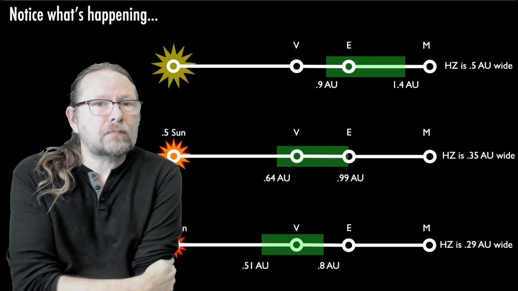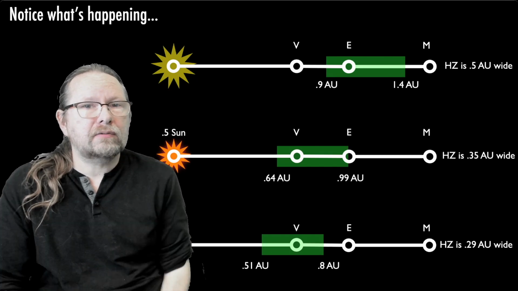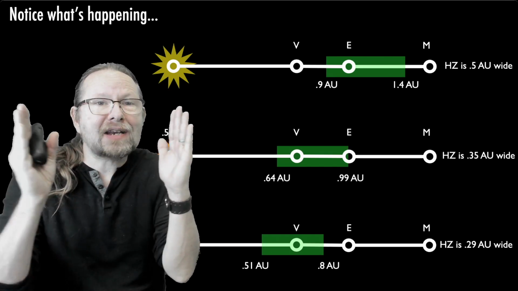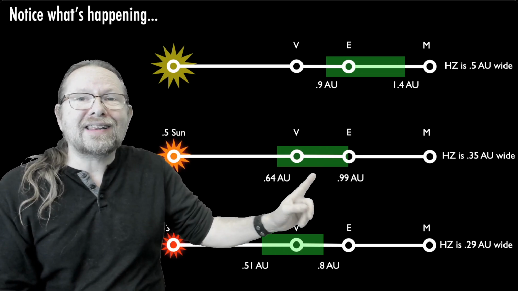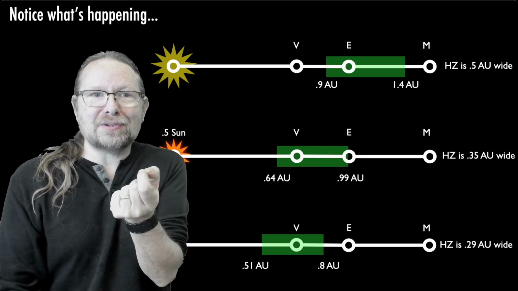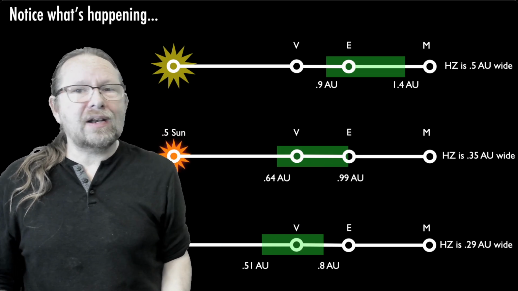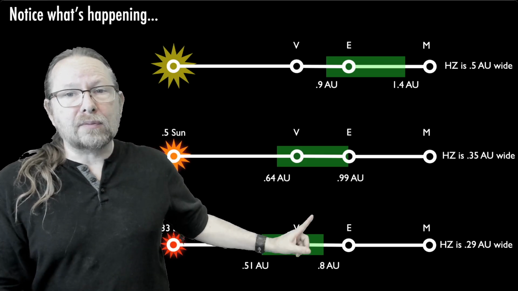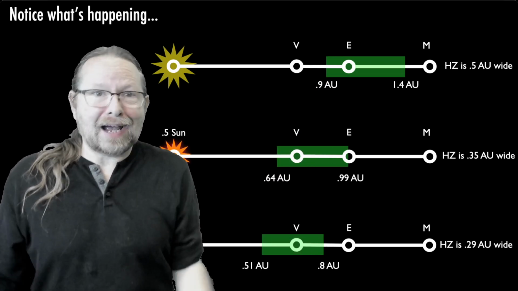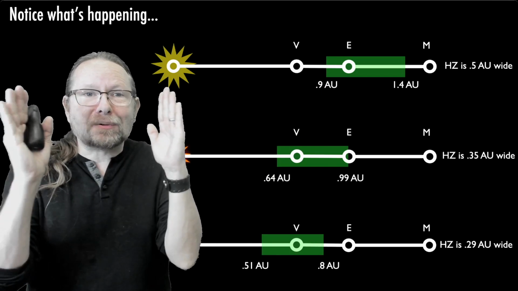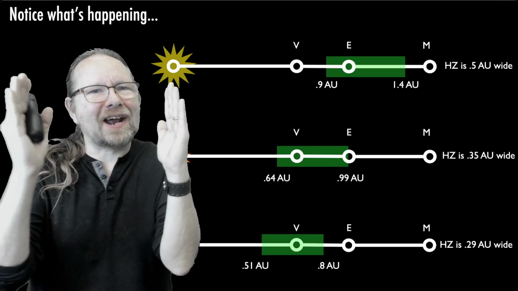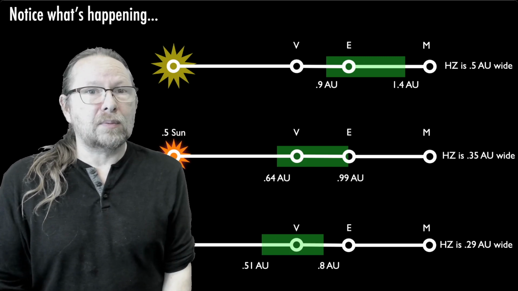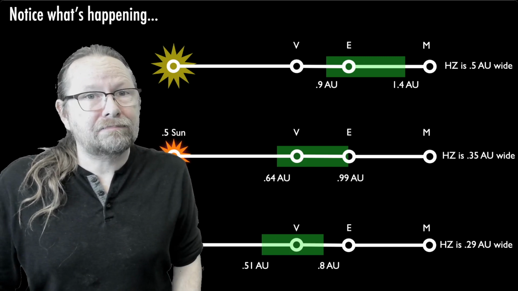What does that mean for the habitable zones of dim stars, K-type stars and M-type stars? Well, it means if they're very narrow, the probability that we wind up with a planet that happens to be there gets lower and lower, right? If the planets just form at random, and one of them has to be in the habitable zone to be habitable, the narrower the habitable zone is, the smaller the probability that a planet will just wind up there.